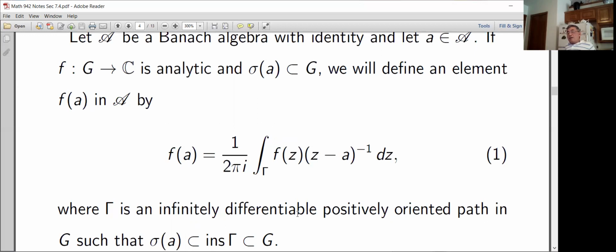But in fact, this definition works also for just rectifiable paths. Perhaps it is better to put rectifiable here.